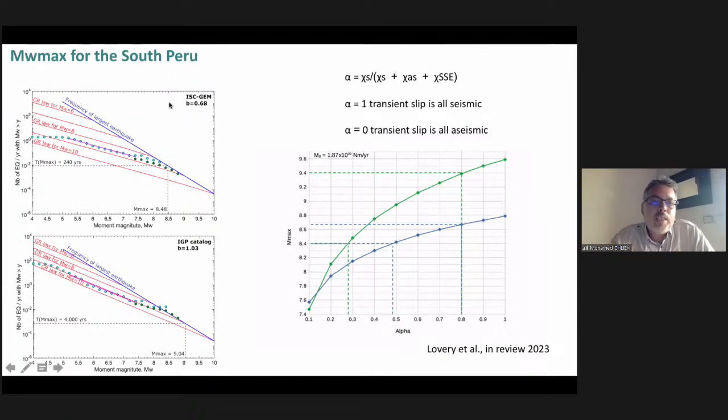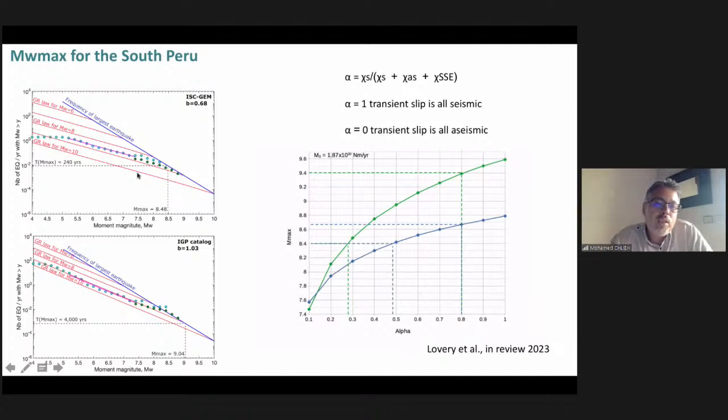One point that is also important is the difference that we could have using a different seismic catalog. Here you see the ISC catalog and the IGP catalog. The parameters between these two models are exactly the same. The only thing that changes is the catalog and the B value. All the other parameters are the same, I mean, the moment deficit used in the two, the alpha parameter.